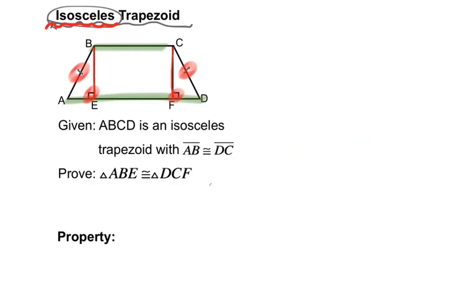But since distances between two parallel lines are constant, we realize that these two must also be equal to each other. Then you can see that between the two triangles we were looking at originally, we have a side and another side, and the angle is outside. We call this one HL, hypotenuse leg. We can say these two triangles must be congruent. Now, that's what we can do. So let's try to write that up.